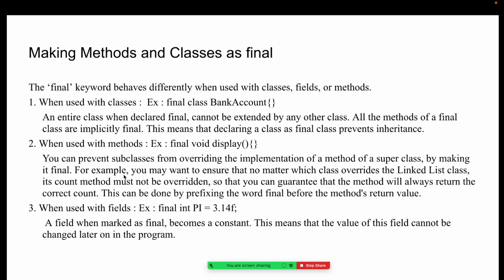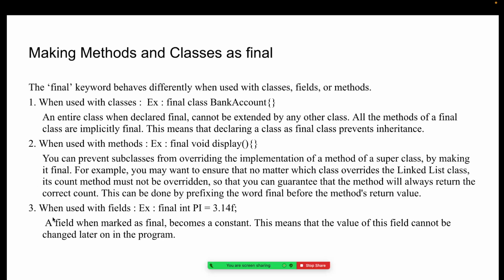But understand that when you make any method final, you are preventing that method from being overridden, such that the behavior of the method in the parent class cannot be overridden by the same method signature in the child class. So that is preventing method overriding.